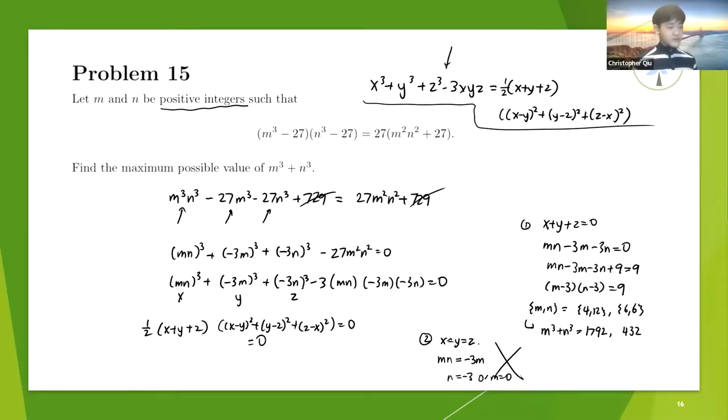So now we found that the only possible values of m cubed plus n cubed are 1792 and 432. And the larger of these two is 1792. So that is the answer.